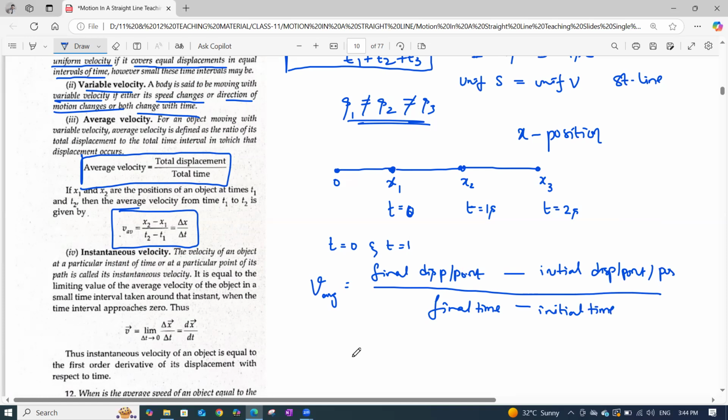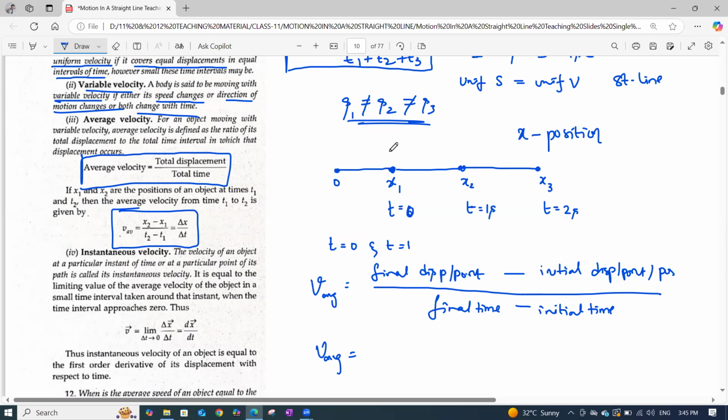Now, what will be the formula? V average is equal to final displacement upon time.